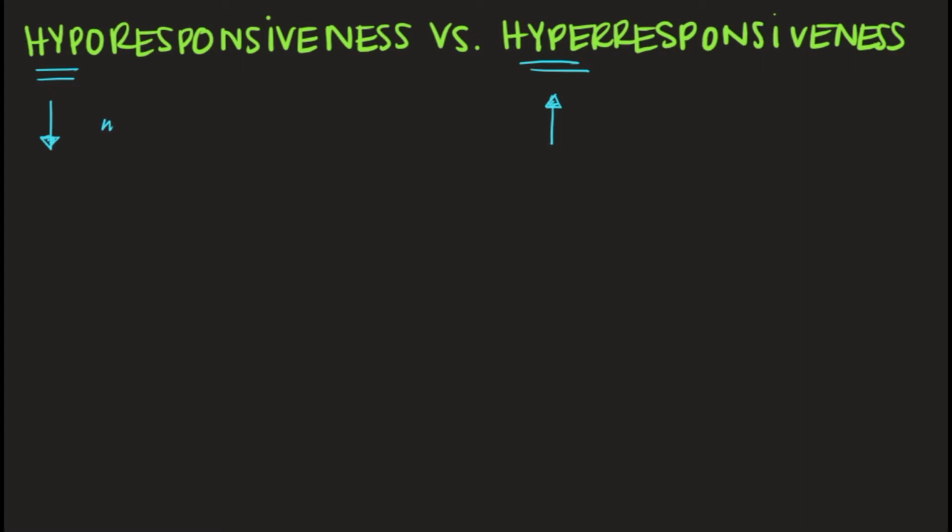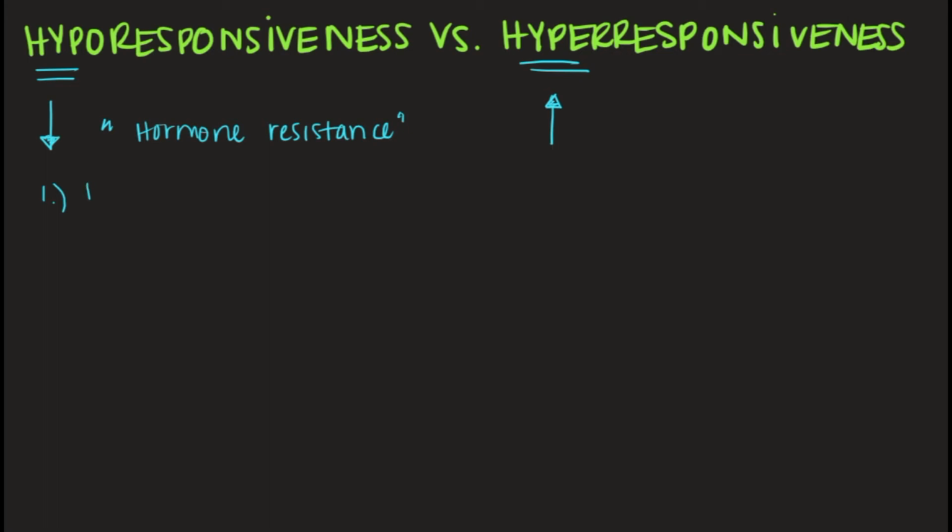So another term you may see associated with hyporesponsiveness is hormone resistance. And this is due to the issue that it is performing below expectations, and we're going to cover some of the reasons why this may happen.